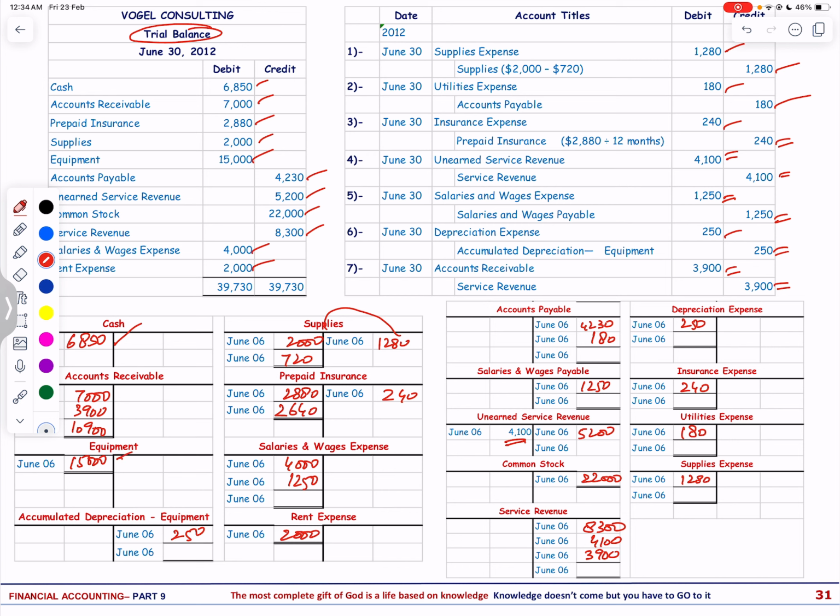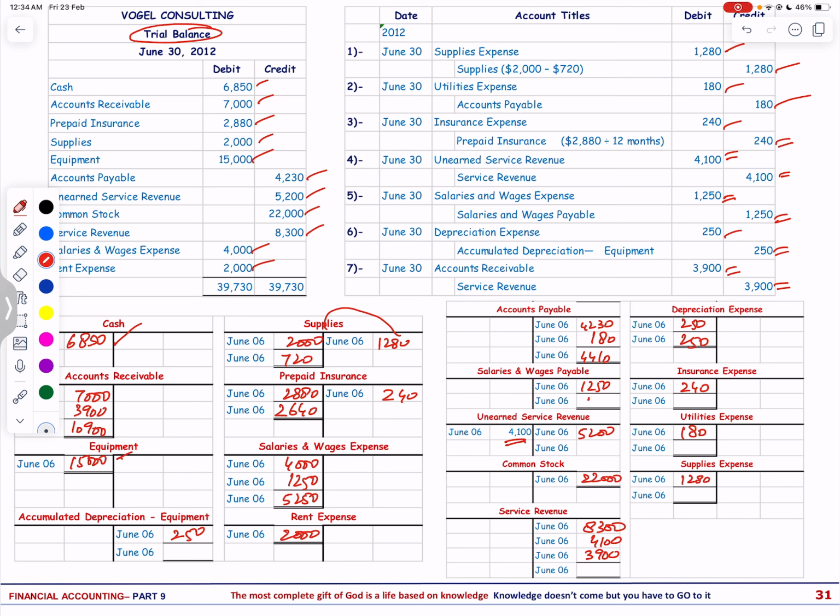Equipment will be the same. Salaries and wages will be 5250. Accumulated depreciation, rent, accounts payable will be 4410. Depreciation will be 250.